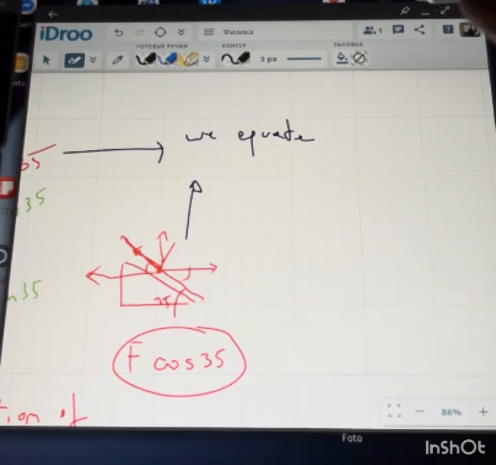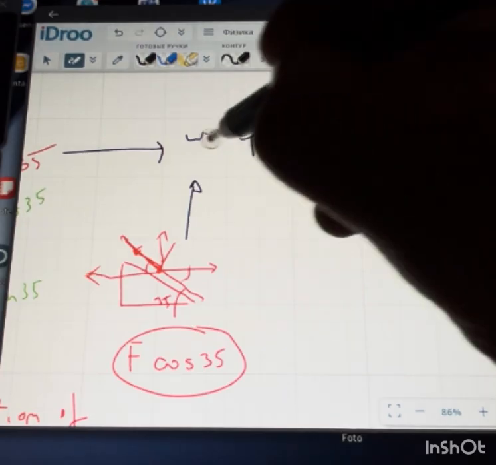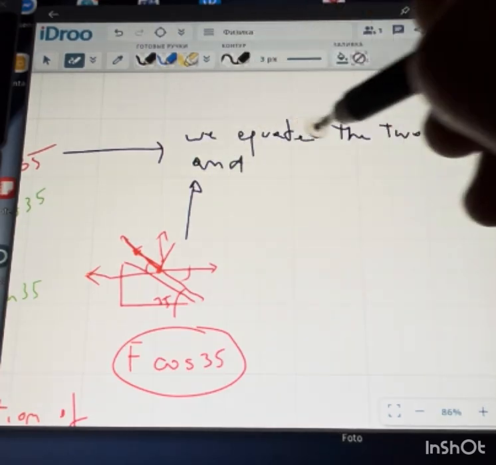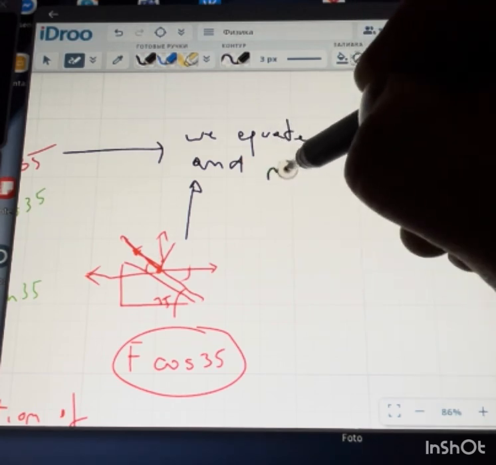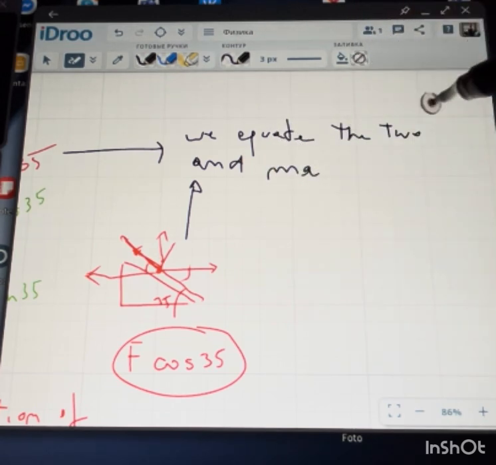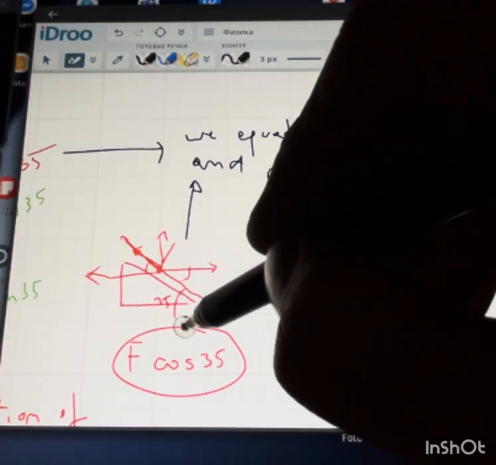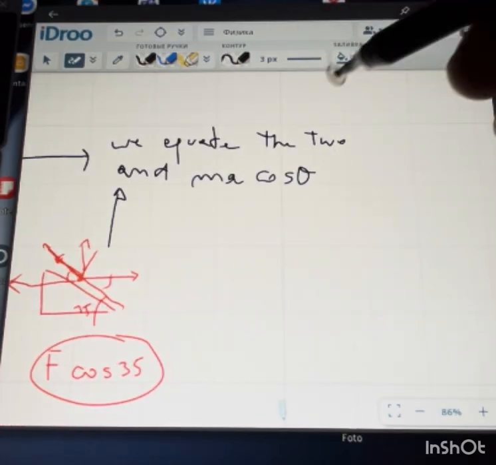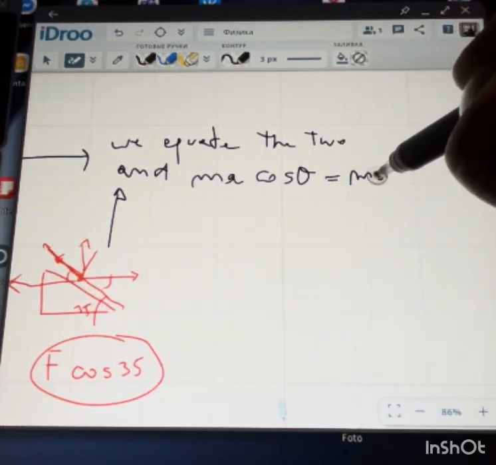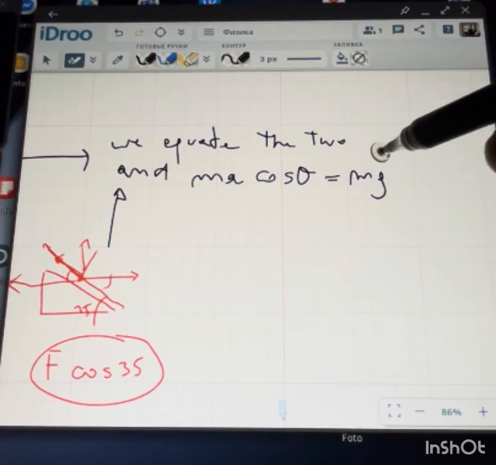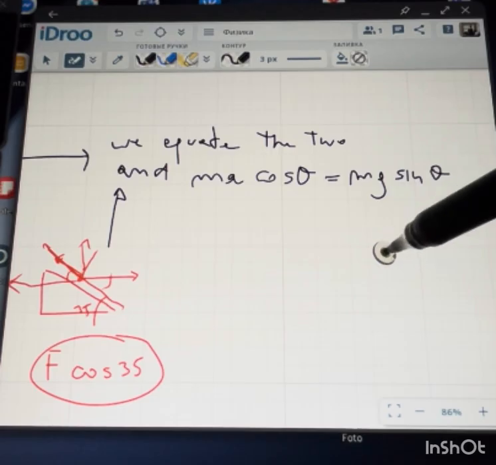Okay. So we equate the two, and write that MA cos theta. Instead of writing F, we write MA, equals MG sin theta.